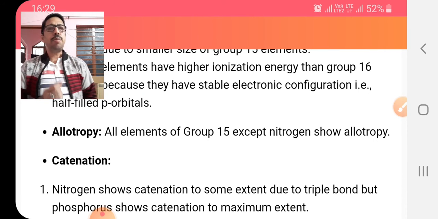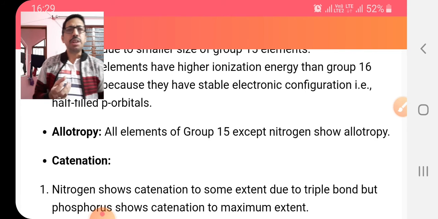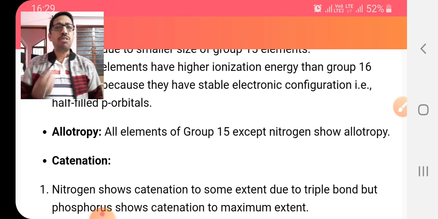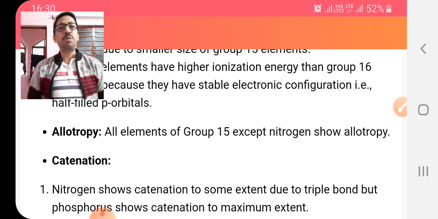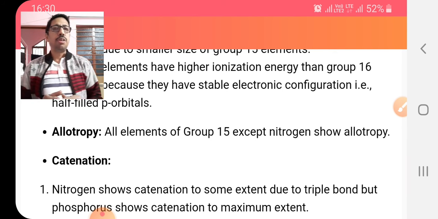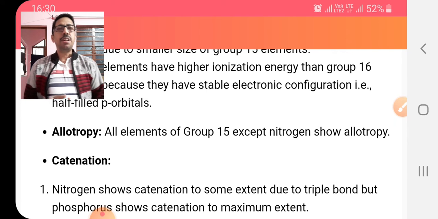Similarly, the group 15 elements show the catenation property, but not as much as carbon, because size is what matters.